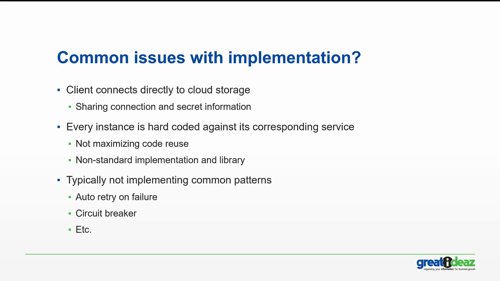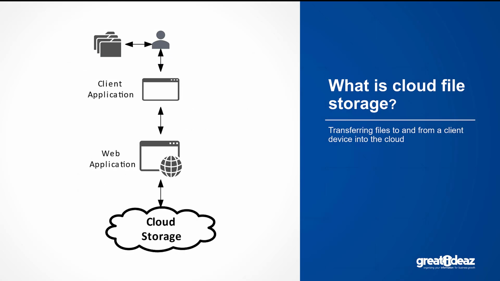So what we want to try and do is have a common pattern that we use for our client applications connecting to our cloud storage. And this is why we recommend that up here where we have our client applications, instead of those client applications being able to access the cloud storage directly, we stick in an intermediary web application so that we standardize all of the attempts for our client to download or upload a file through a standard web API.